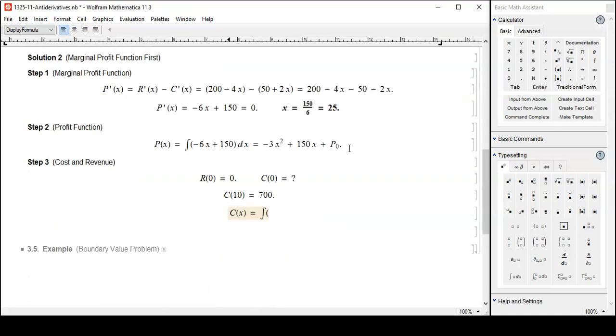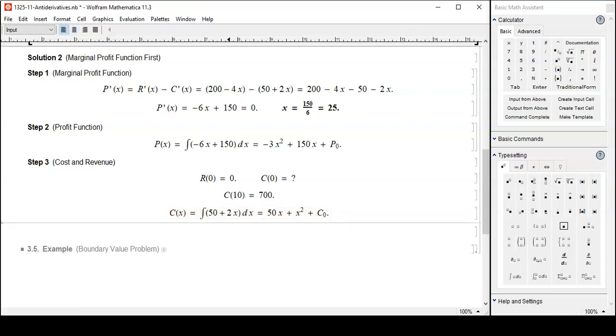Marginal is 50 plus 2x, okay? 50 plus 2x. So 50x plus x squared plus c naught.